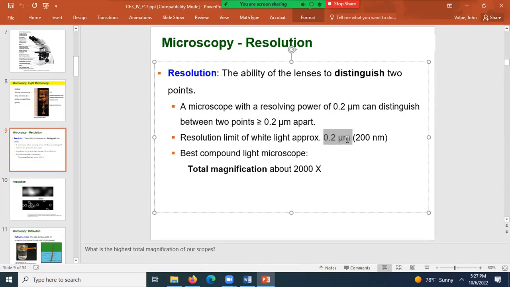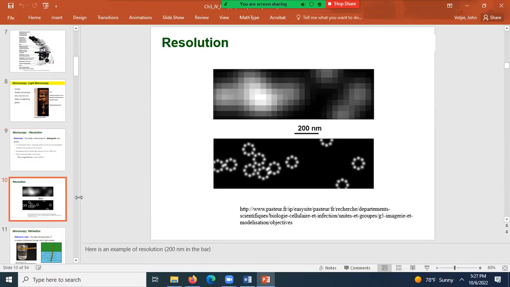Even if you were to increase the power of a microscope, you would not be able to resolve these points because they're less than 200 nanometers apart, and the limits of white light will not allow you to resolve the points as separate points. Any questions about any of that?